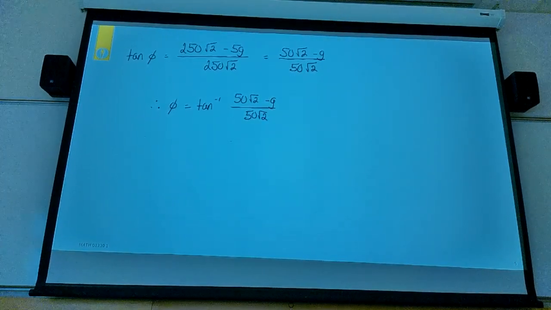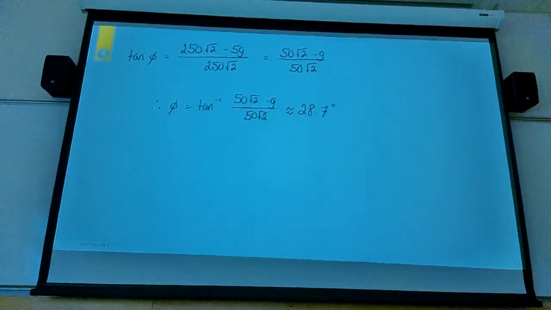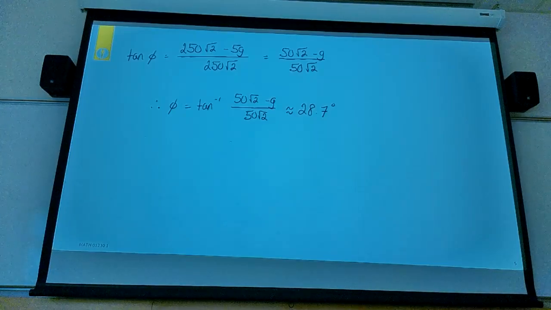So just take the inverse tangent of both sides, that's your direction. You should find that to be about 28.7 degrees.